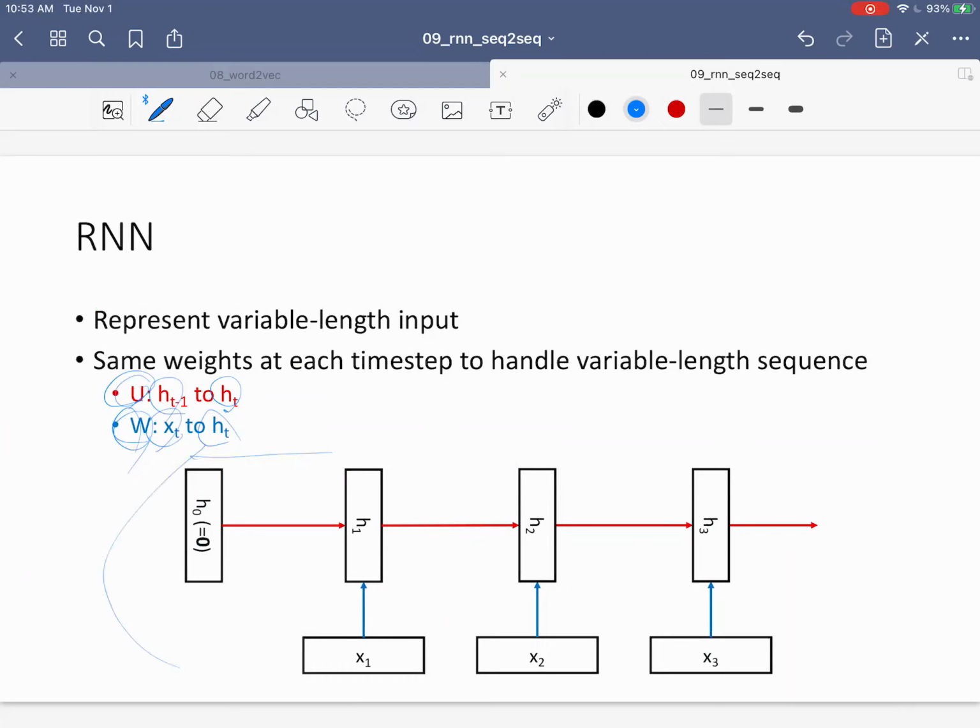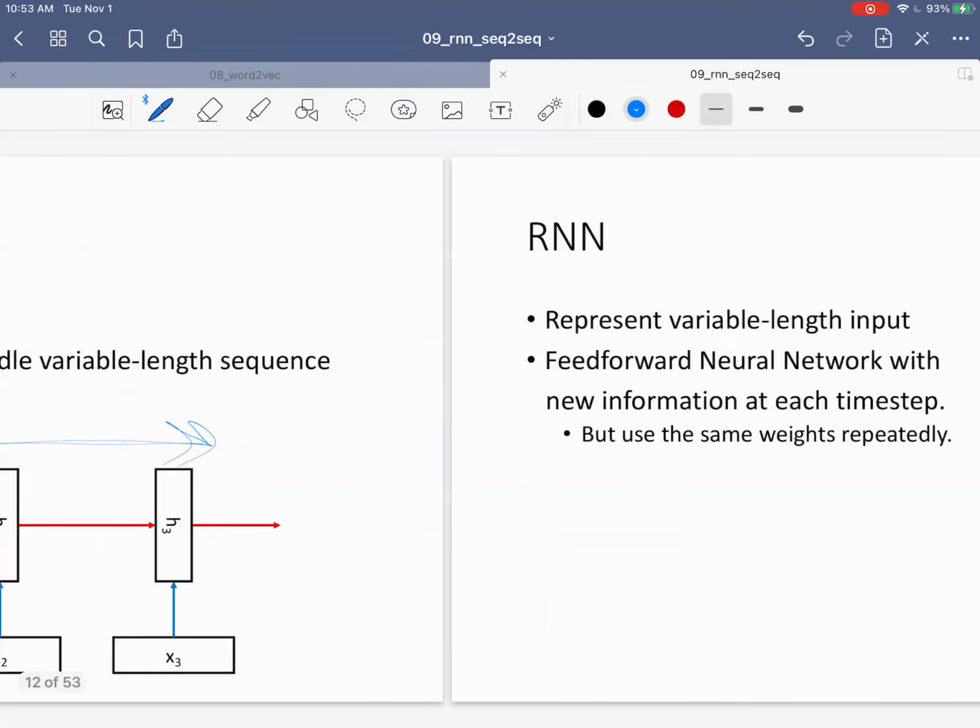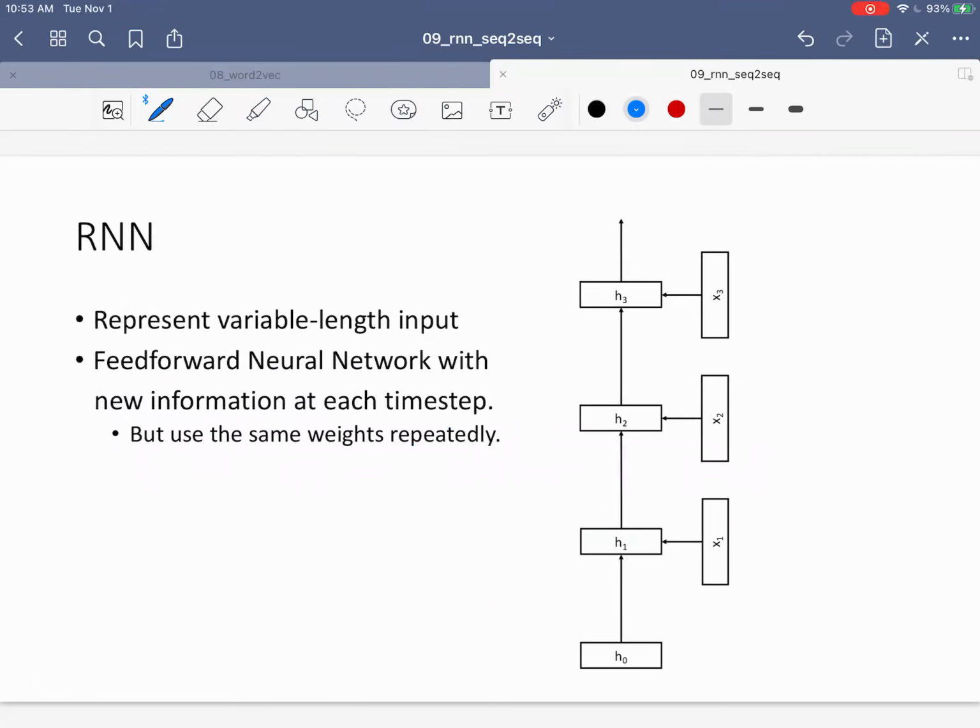You have a horizontal representation of RNN, but if you rotate it 90 degrees, then you can see that it's kind of like MLP. It's just that MLP doesn't have this. If you just lose this side information, then you're just propagating your hidden layer from one layer to the other. It's just that in RNN, you also have the side information, new input being fed into the model every single time.